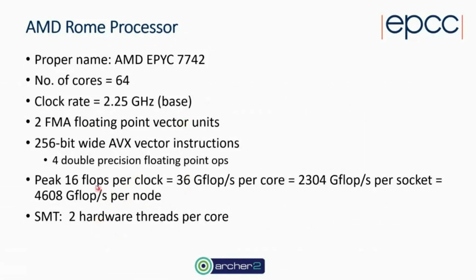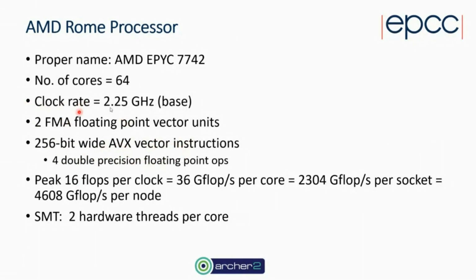So that means overall, each node can do about 4.6 teraflops of floating point operations, which is really quite high. There are quite a lot of floating point operations per node theoretically. Now that does depend on you efficiently using these vector units, because there's 2 of them. So you get 8 times performance if you use the vector units than if you don't.